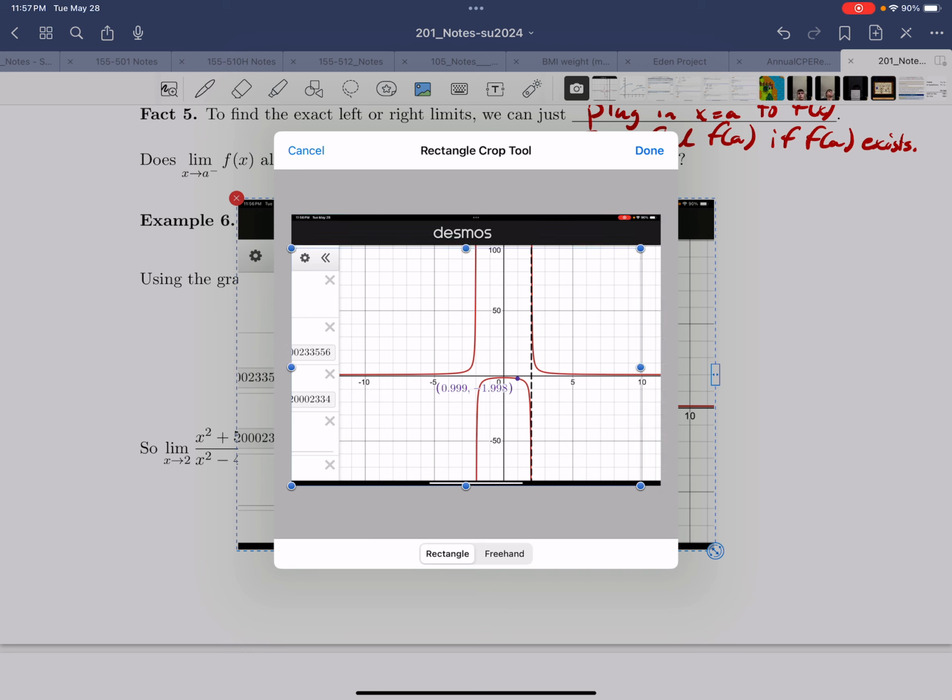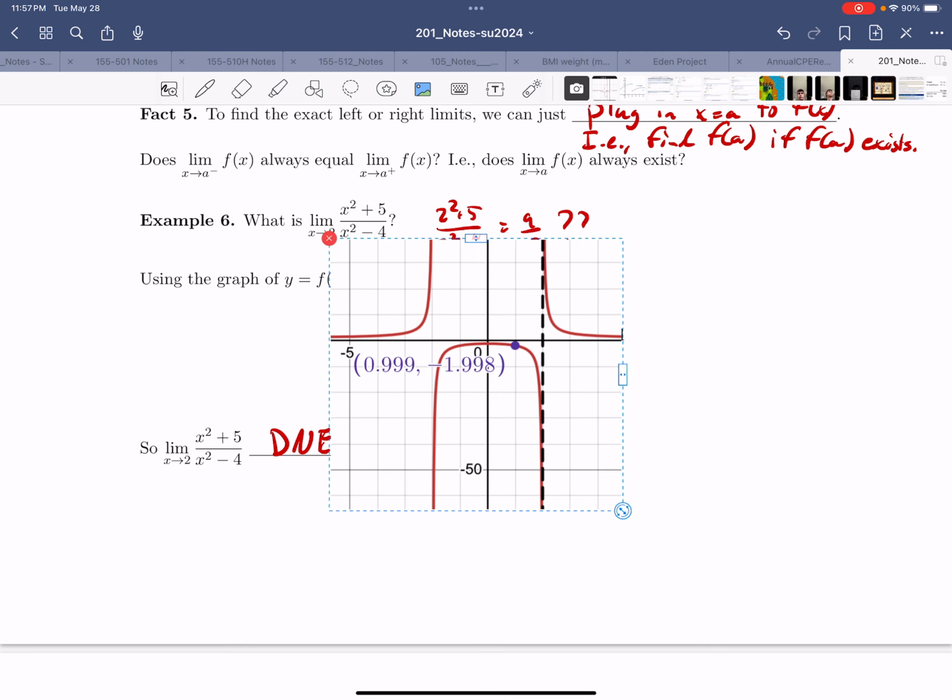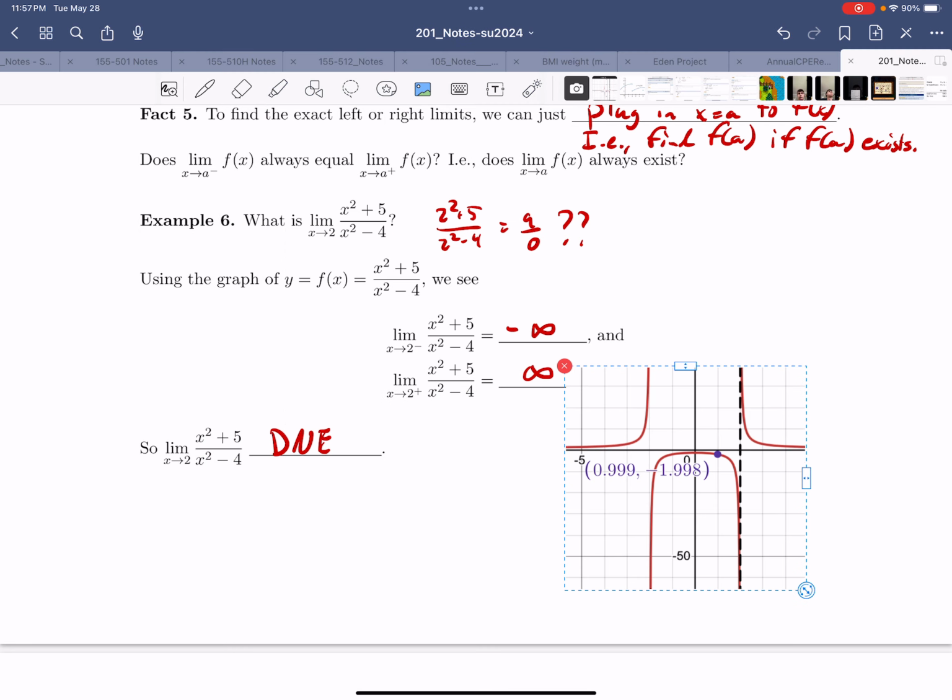Let's just crop that a little bit. There you go. I think that's good enough to illustrate what's going on.